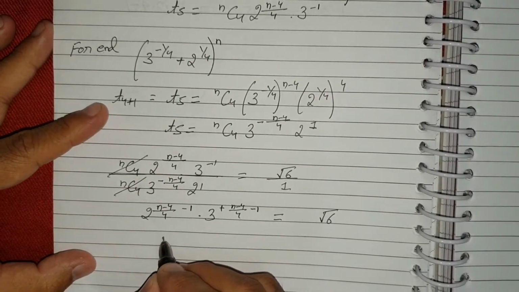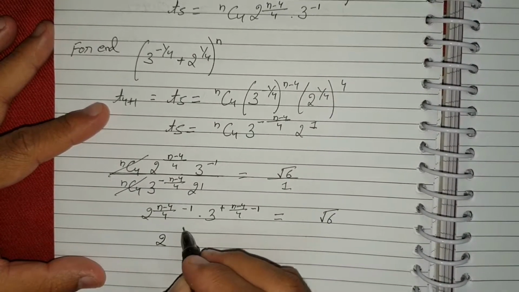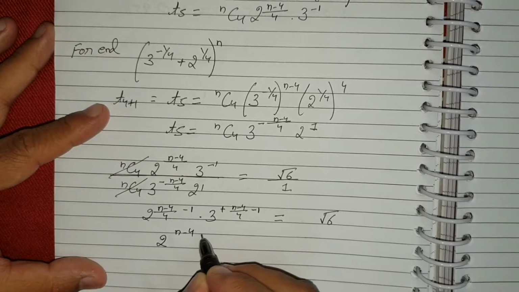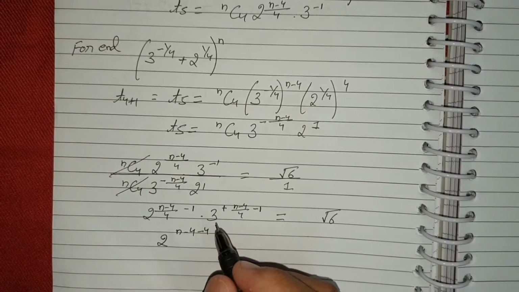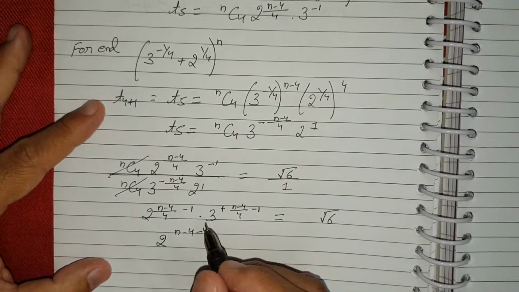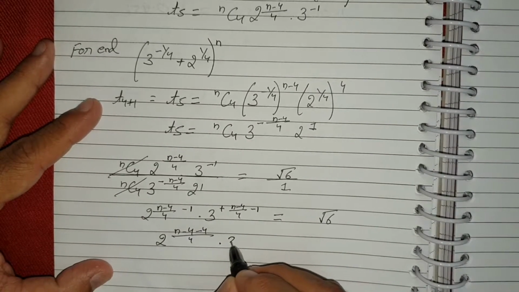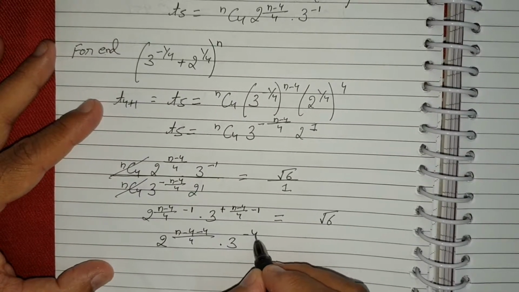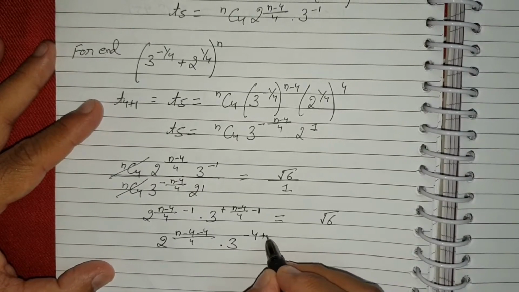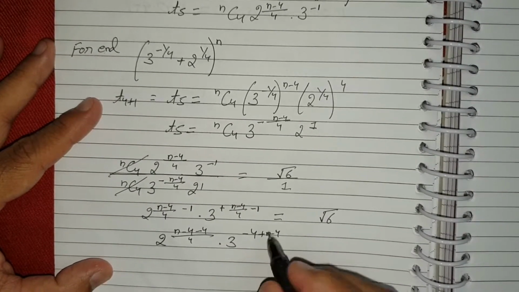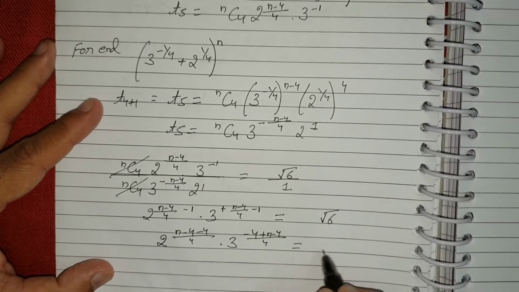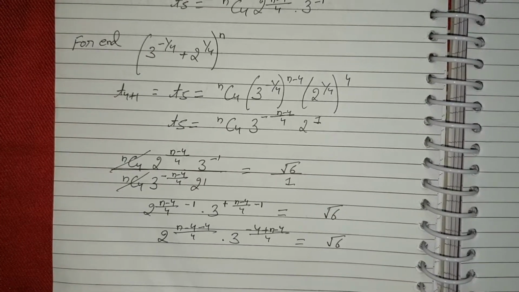So, this will give you 2 to the power (n minus 4)/4 and this will give you 3 to the power minus 4 plus (n minus 4)/4, which equals root 6. Okay.